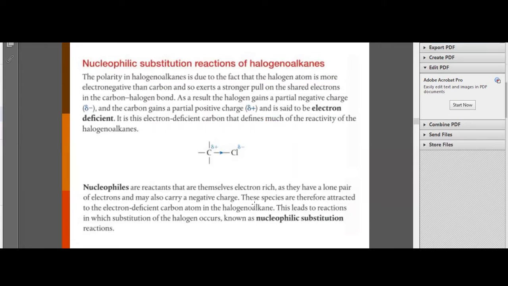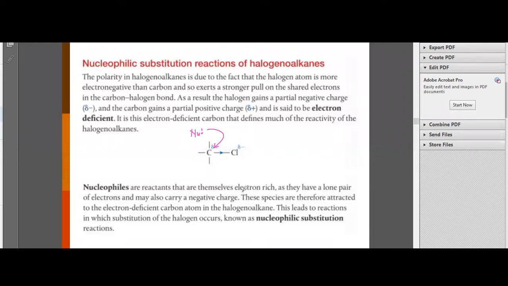You know that a halogenoalkane has a positive partial region and a negative partial region due to the presence of an electronegative atom, Cl. Because of this positive and negative partial charge, this will attract a component called a nucleophile to attack this positive carbon.